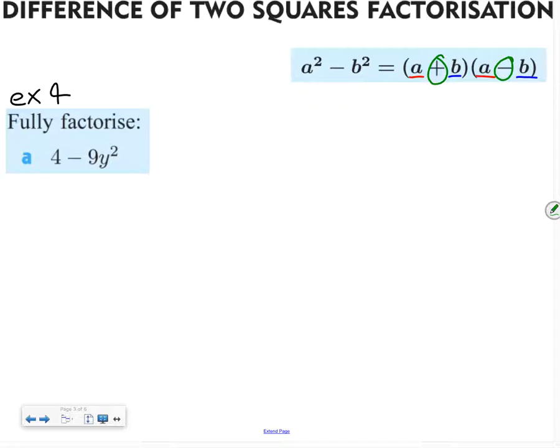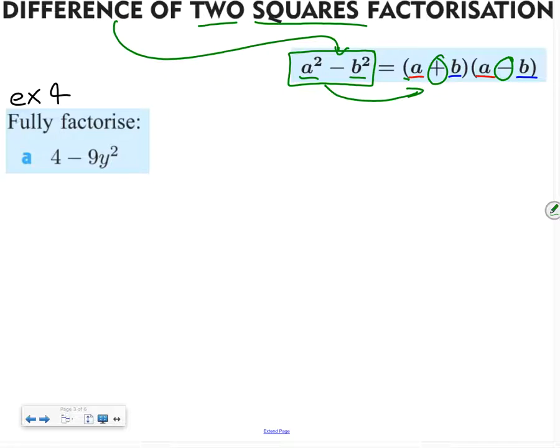When we double distribute them, we end up getting a squared minus b squared. It's called the difference of two squares. What we want to do now is take those differences of two squares and go backwards and find their two factors, two things that multiply together.